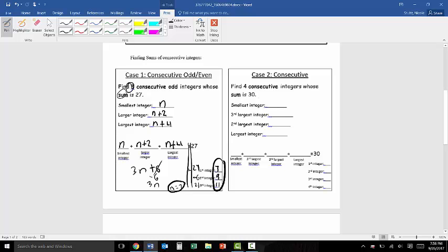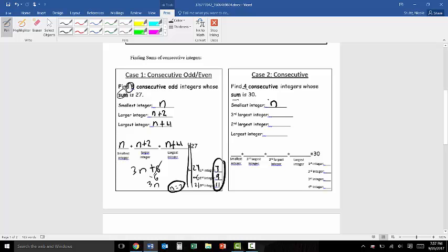Case 2 will not say even or odd. It will just say consecutive. So this problem actually says find 4 consecutive numbers that add up to 30. So I draw 4 blanks, blank plus blank plus blank plus blank, because I'm adding 4 numbers. As always, your first integer will be your smallest number, and that will be n.